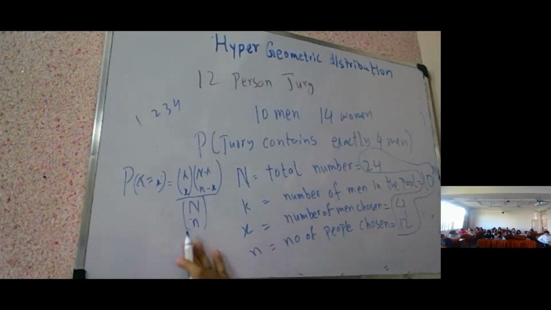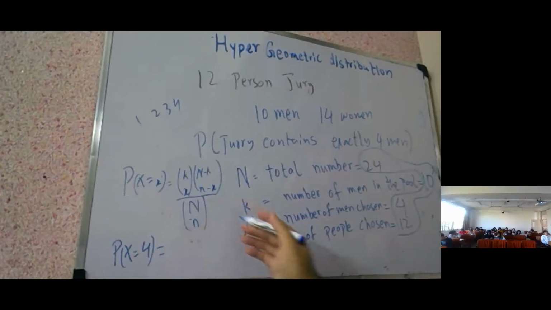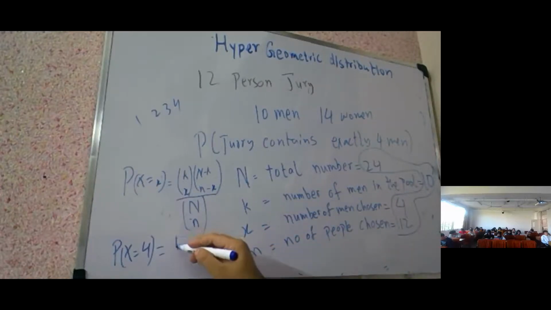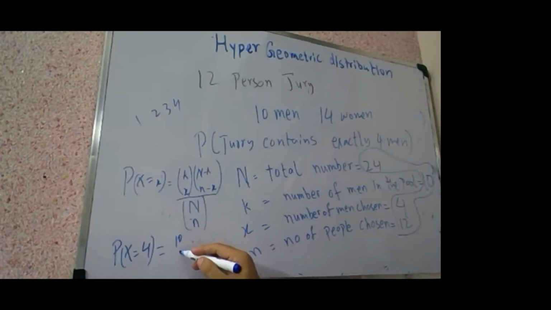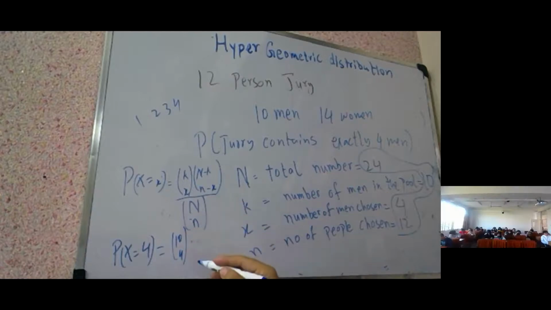So for the probability of x equal to 4, in our example we just put in the values. K is 10, so 10C4, times N minus K, which is 24 minus 10, and n minus x, which is 12 minus 4, divided by 24C12.